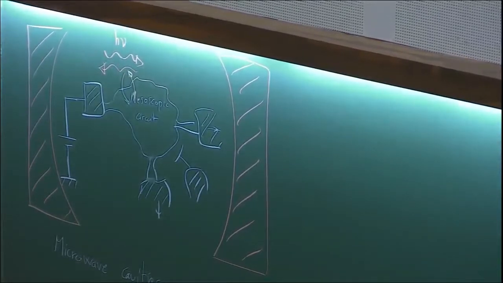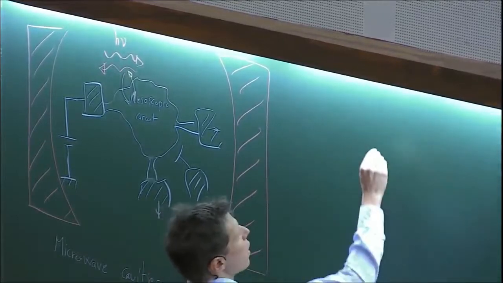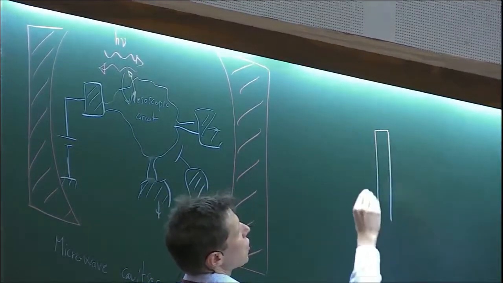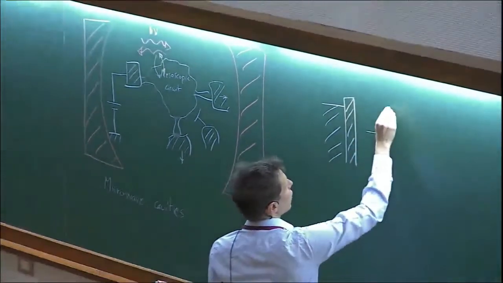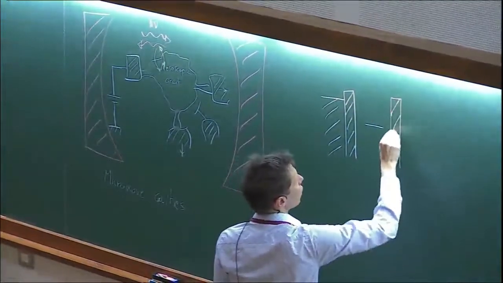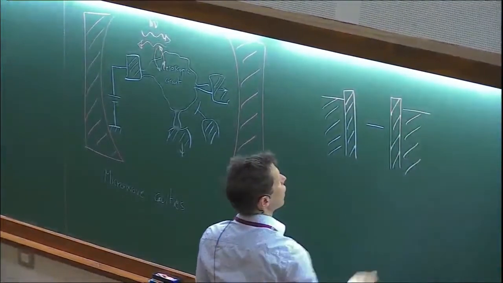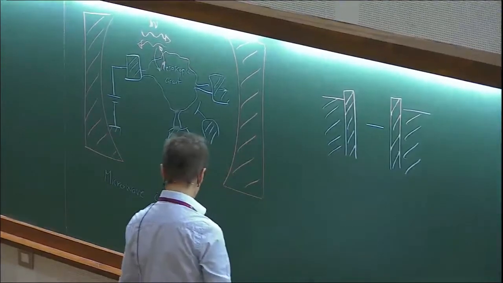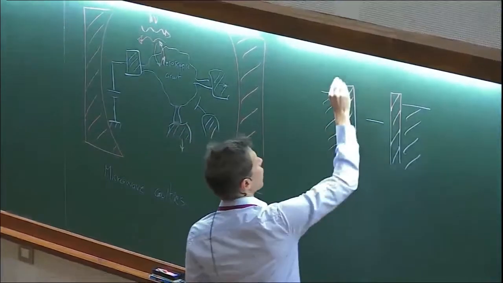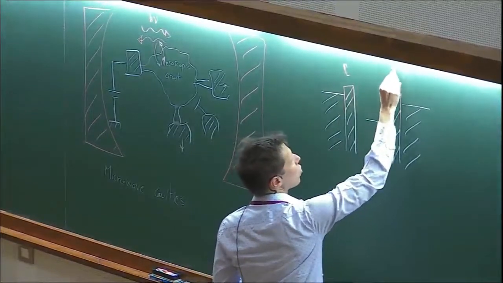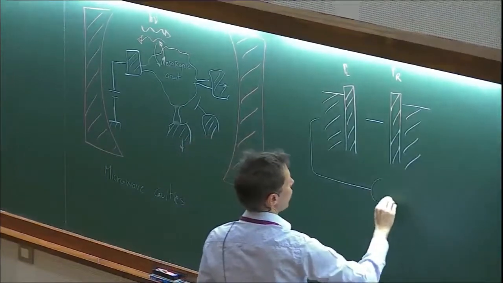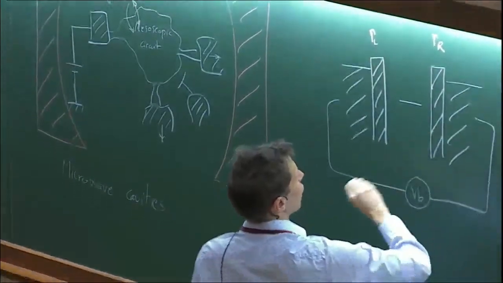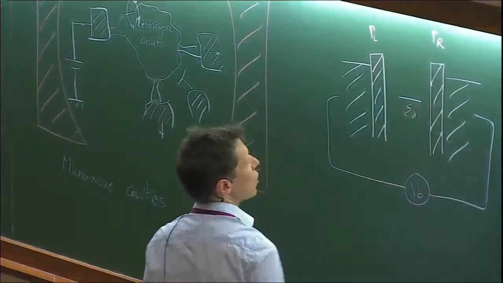So for example, take one very much studied system in mesoscopic physics, which is a quantum dot. You have a coupling to the left, coupling to the right, and then a bias, so you can put a battery like this. Then there is this energy level epsilon d.